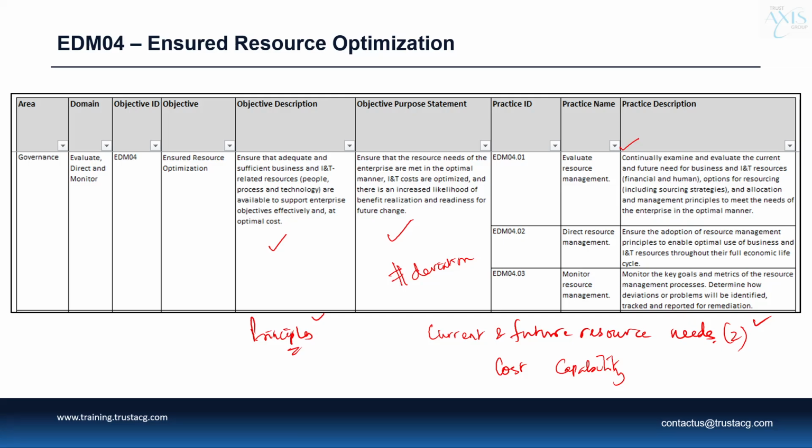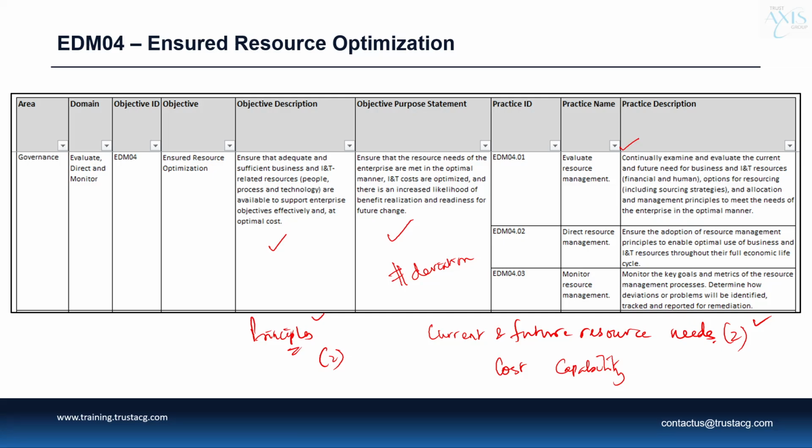For example, you would validate whether the enterprise has defined preferred sourcing models such as a cloud first strategy or outsourcing guidelines, etc. So, if these principles are defined, you will have a maturity level of 2.